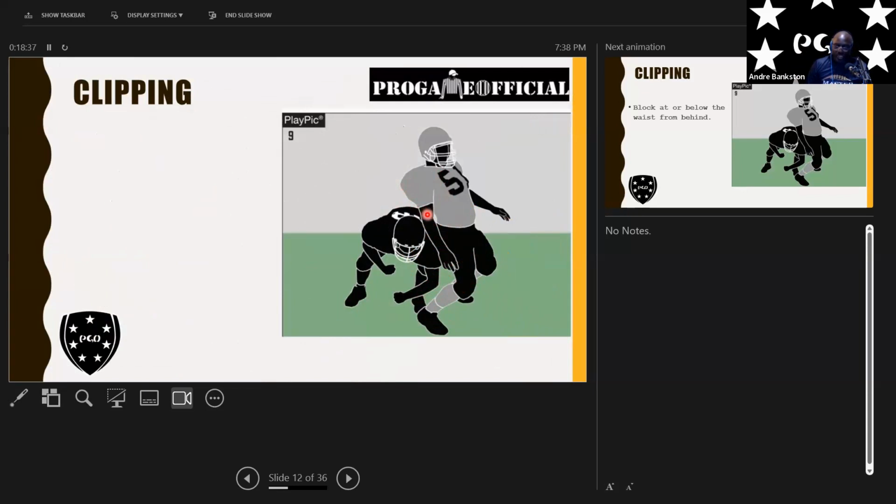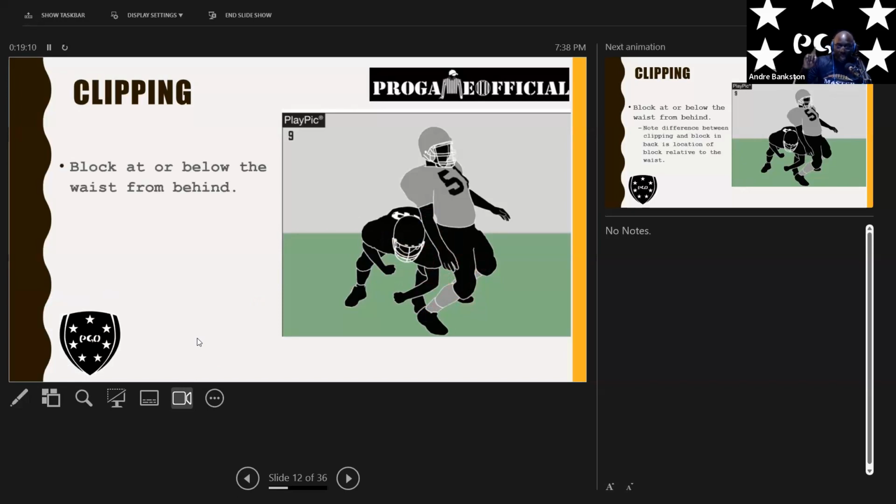Each one of those, depending on how they get contacted, has a different name and a different definition. As a game official, you need to know our terminology. You can't say somebody got clipped when it's a block in the back, or a blindside block, or a block below the waist. A block below the waist goes in the front, clipping goes in the back. So make sure you understand what you're saying when you say it.